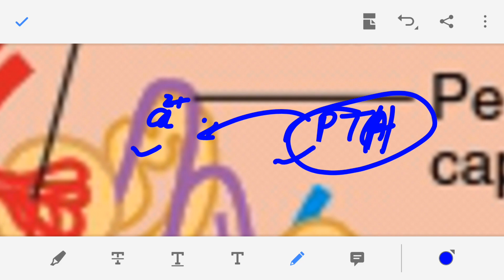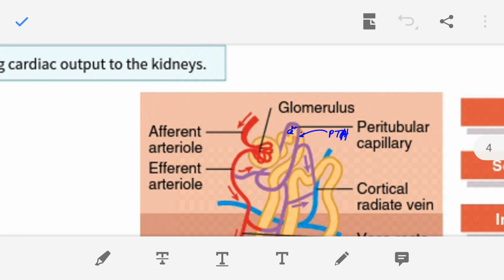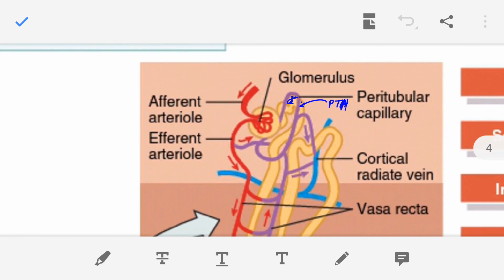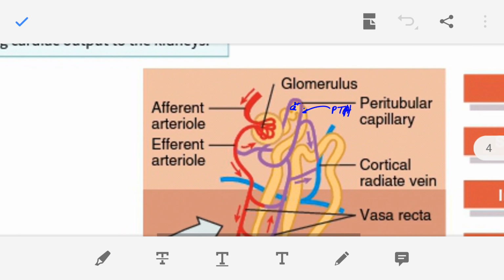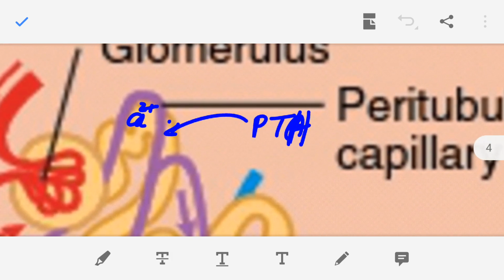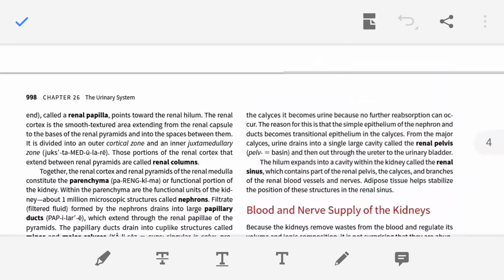This PTH acts on the cells of the renal tubule. The renal tubule cells absorb Ca2+, and this Ca2+ enters the blood of the capillary. This is how Ca2+ is reabsorbed by the kidney, and that's why we are not throwing Ca2+ in our urine, because reabsorption of Ca2+ was possible by this PTH hormone.